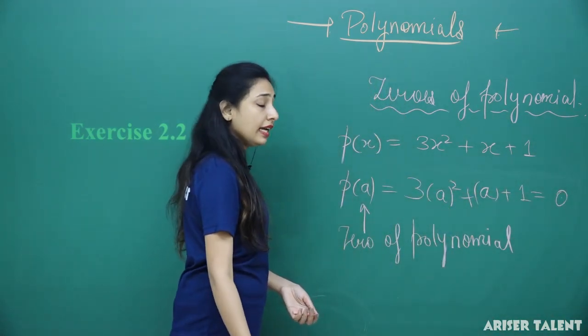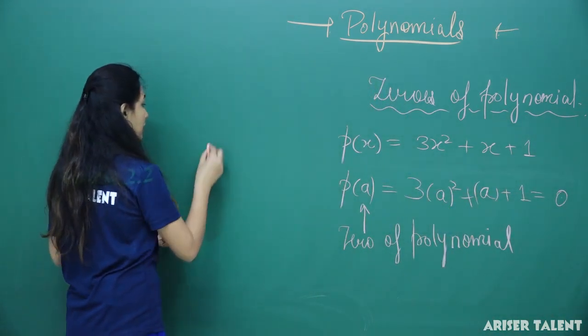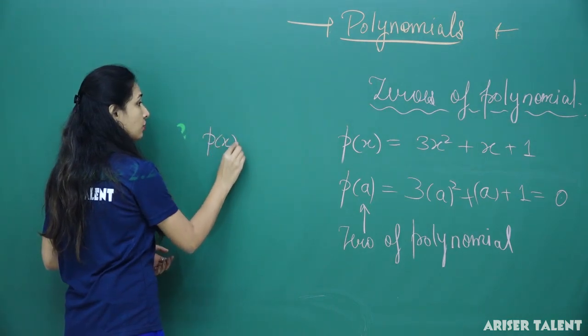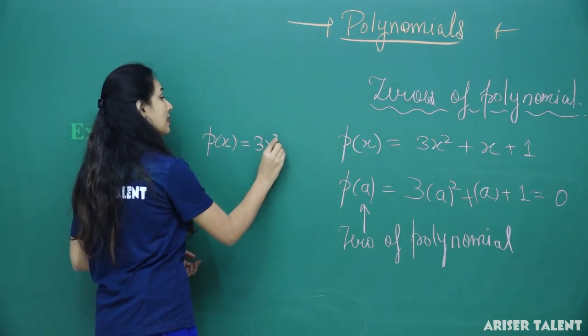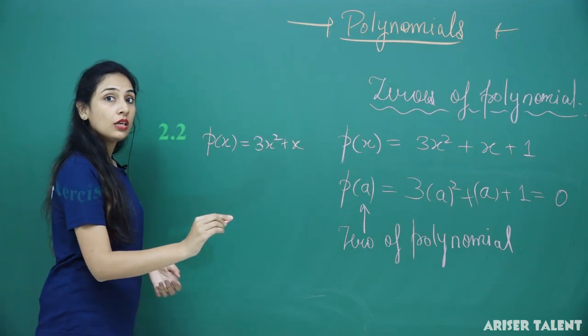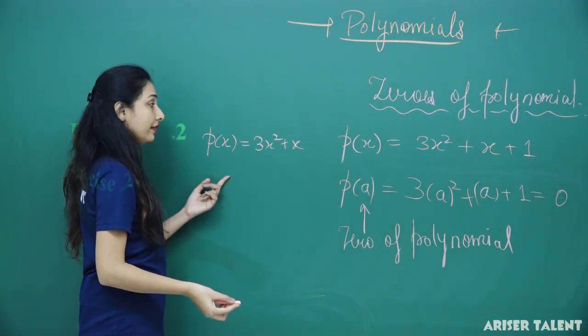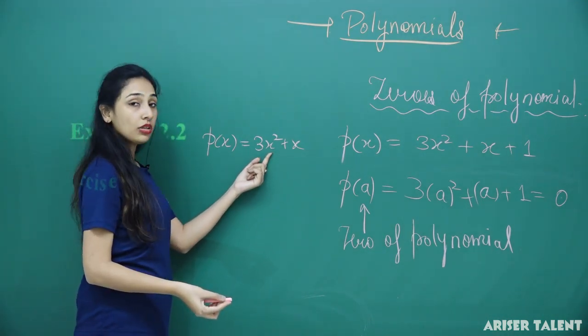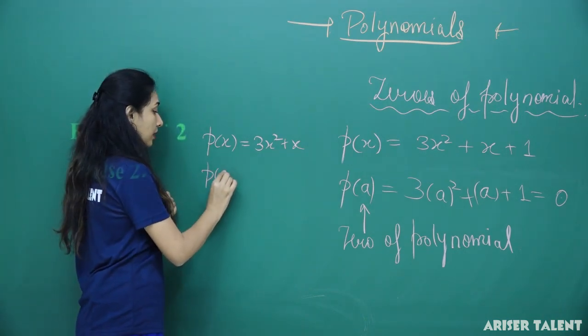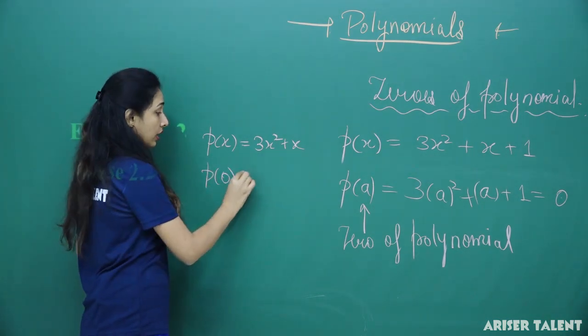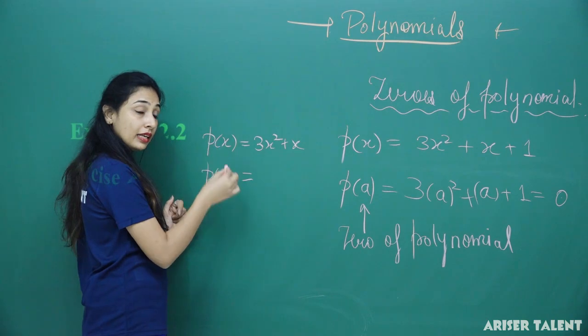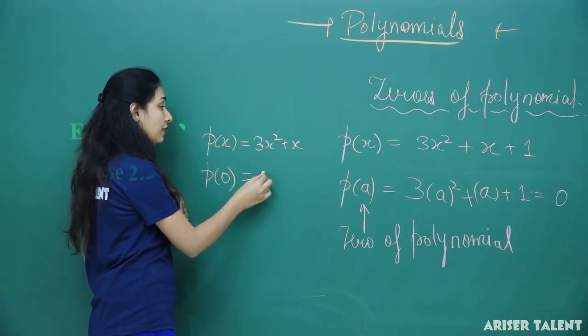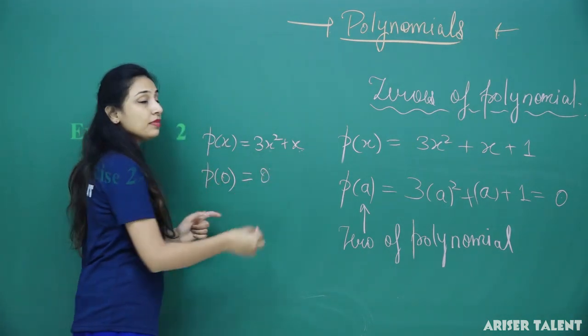Now, if I say that my p(x) is equal to 3x square plus x only, then at this particular value, if you write p(0), that is x equals 0, the value will become 0.